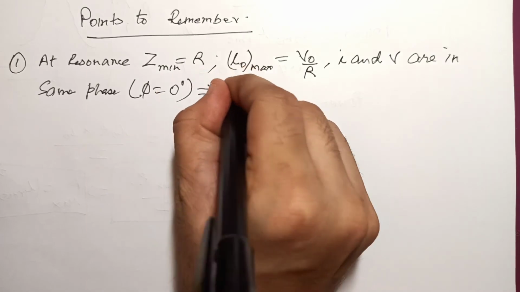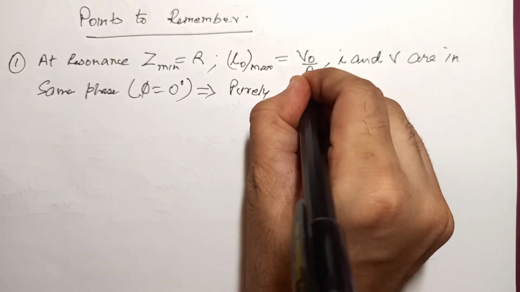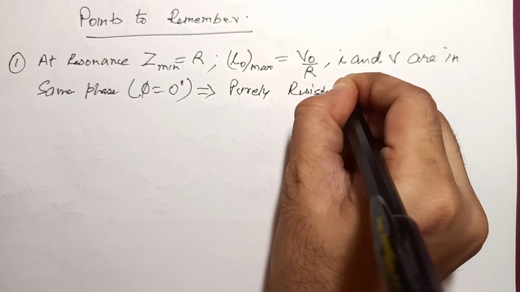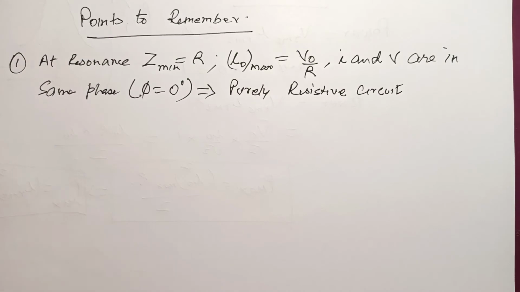What does it mean? It's a purely resistive circuit. So this is point number 1.